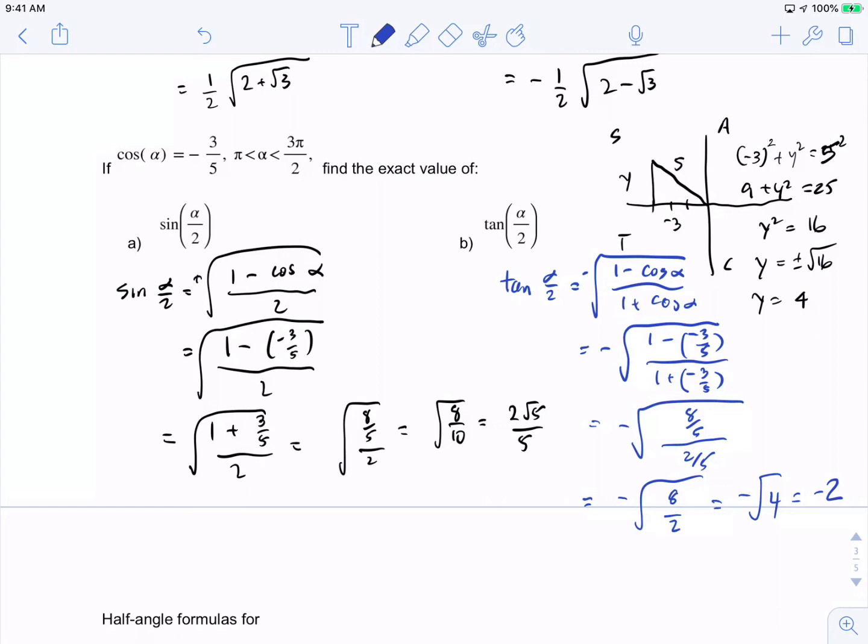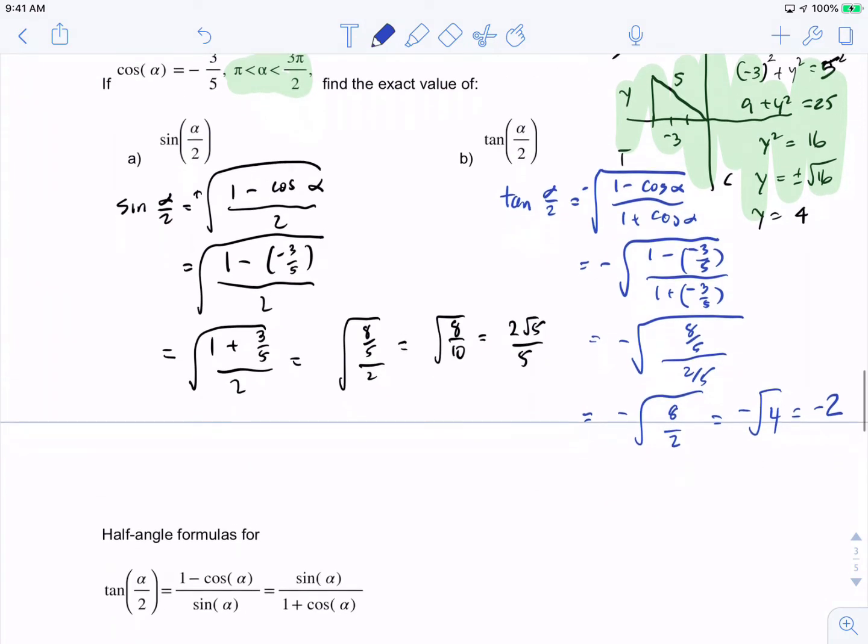The key to these problems is really understanding where we fall. This is super important, and then being able to do these kind of triangle things here. That will be very, very helpful. Please practice that. It will be important.